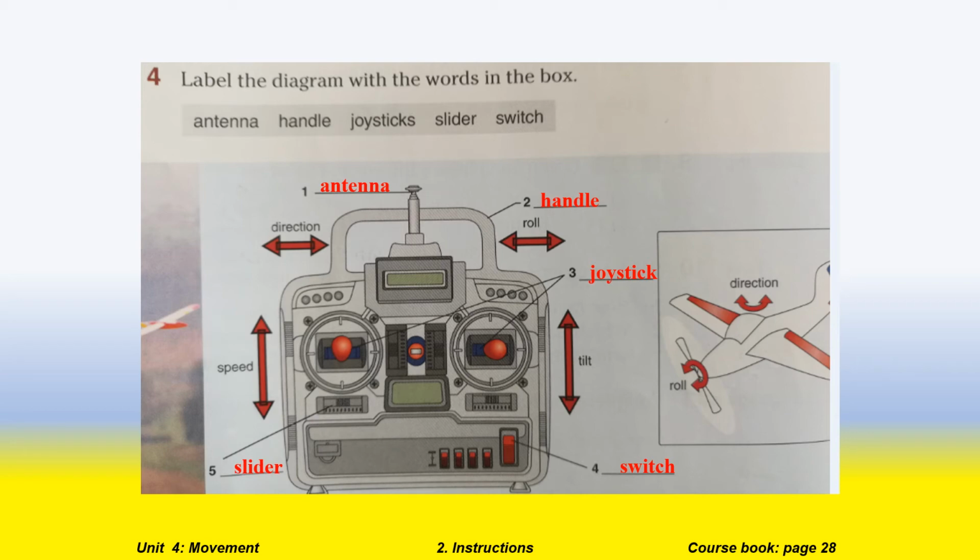And the right hand joystick, if you move it to the right and to the left, it controls roll, دوران. Okay, and if you move it forwards and backwards, it controls tilt, الميل. Okay, we will study this remote control in detail, the movements, next lesson.